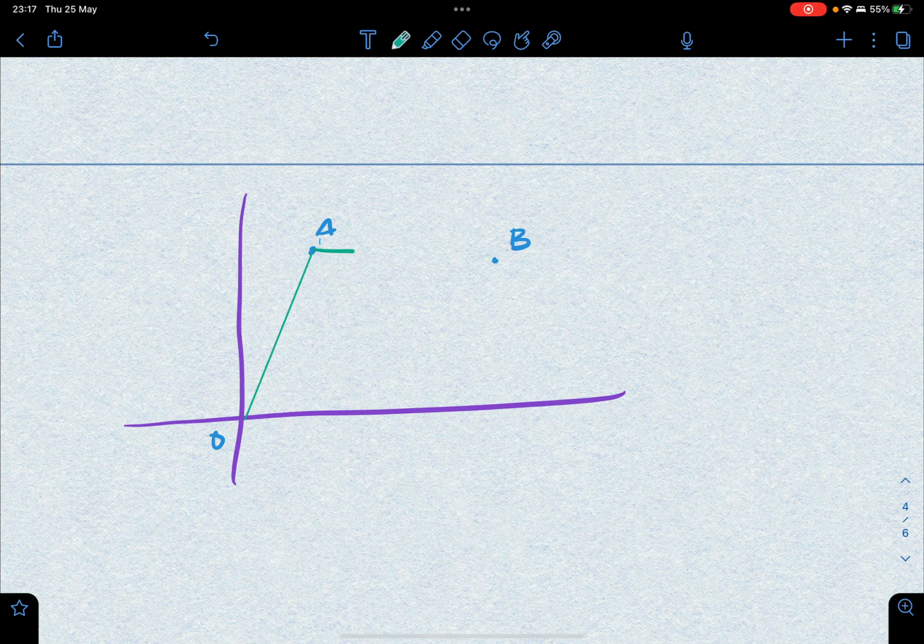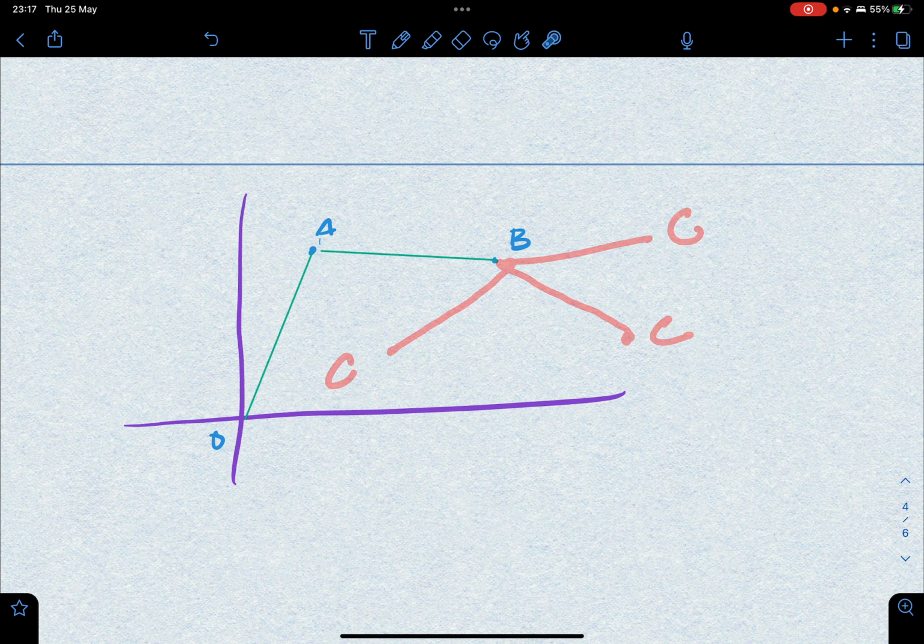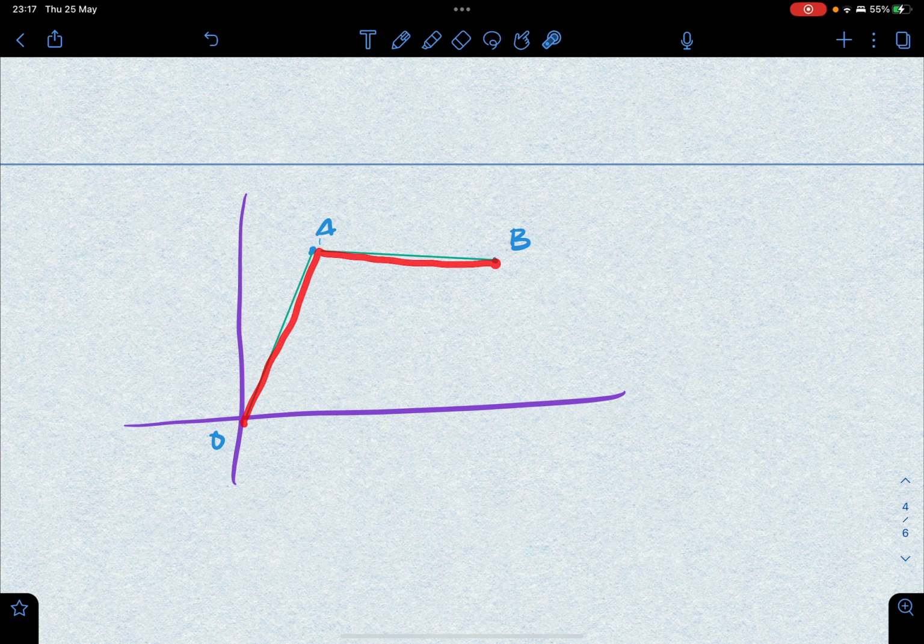One side, two sides. Now where's C going to be? Can we put C here? Or C here? Or C here? Well, it needs to be a four-sided shape, and the sides need to be parallel. So we know that C is somewhere along this line here, because this has to be parallel to this.